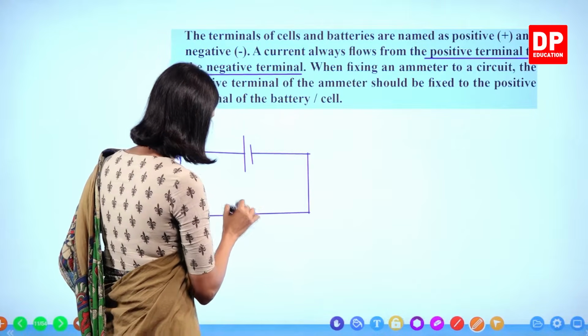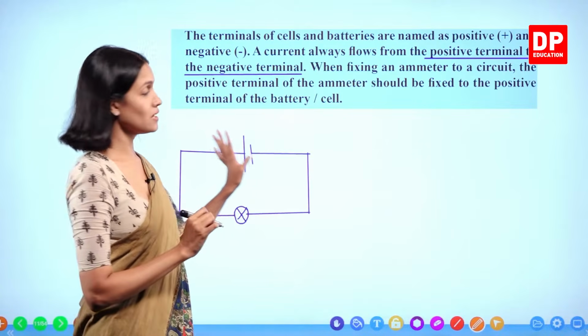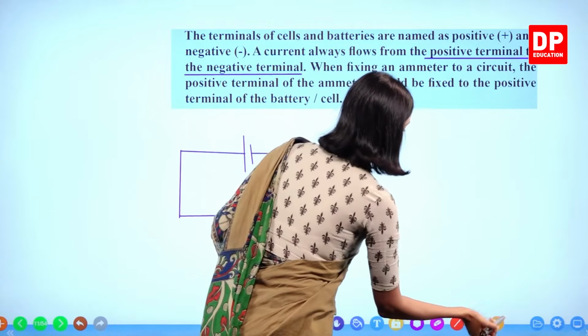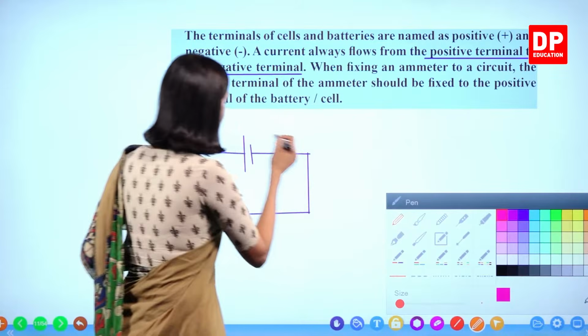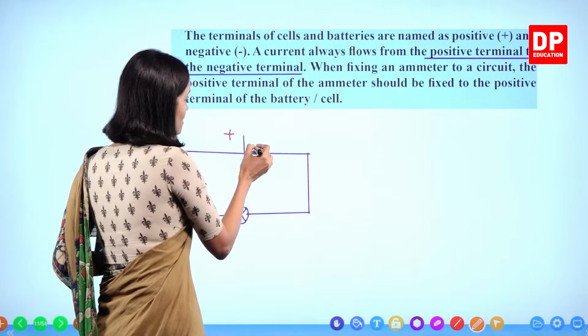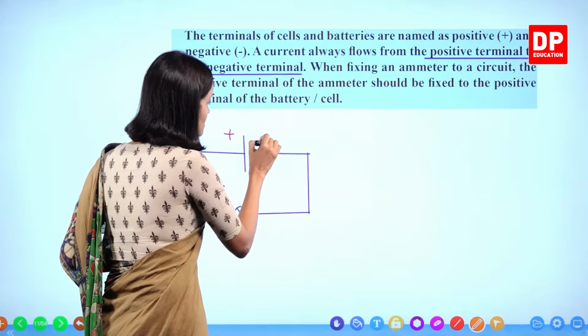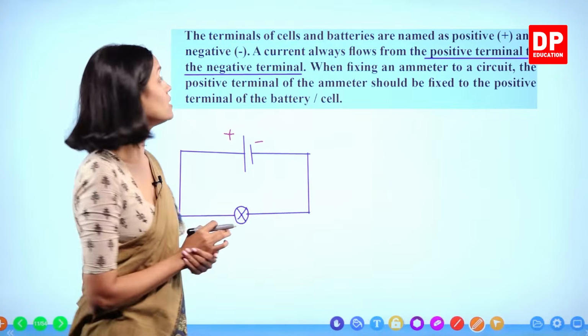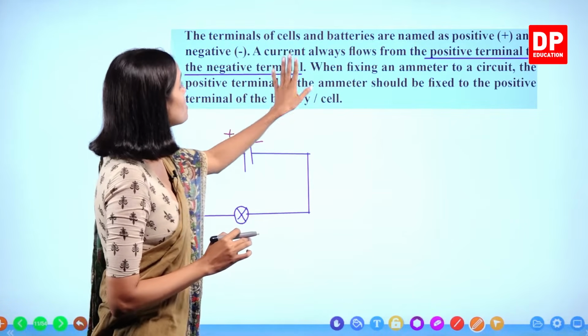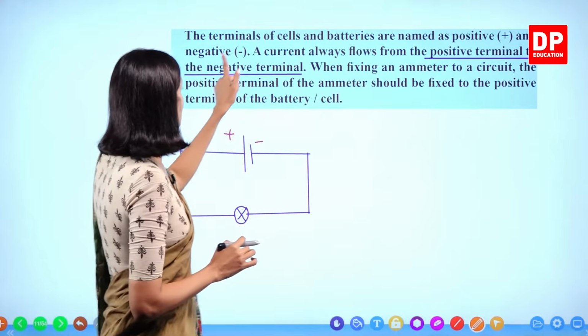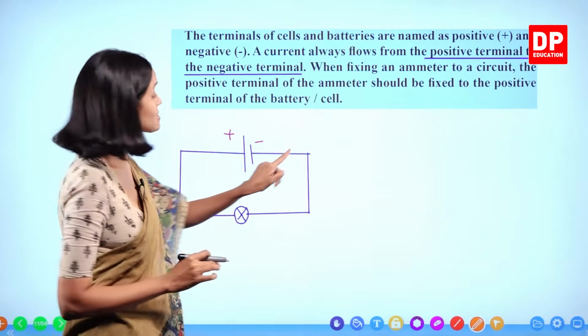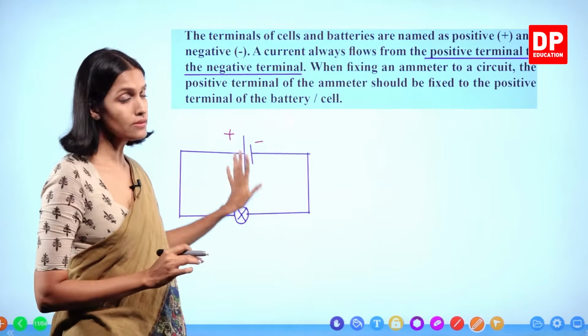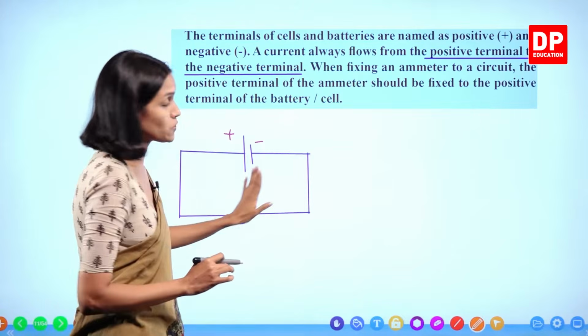This is the bulb. So if this is the circuit, you all know now the long line indicates the positive terminal and the short line of the cell indicates the negative terminal. Okay? So a current always flows from the positive terminal to the negative terminal, and this happens through the circuit. Right? Now this is a closed circuit.